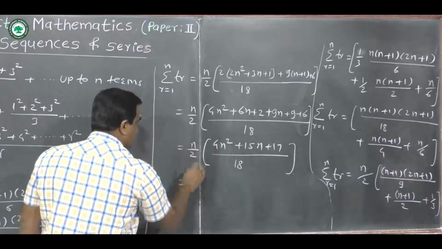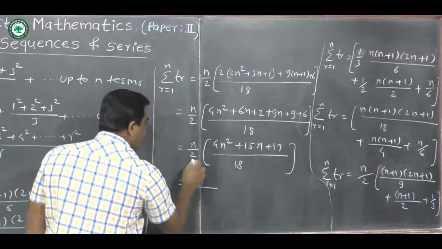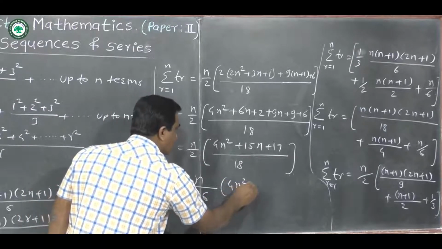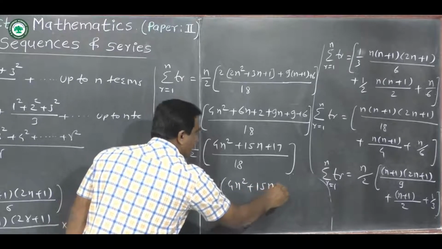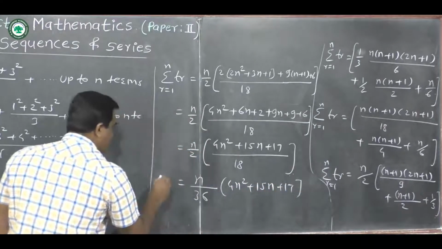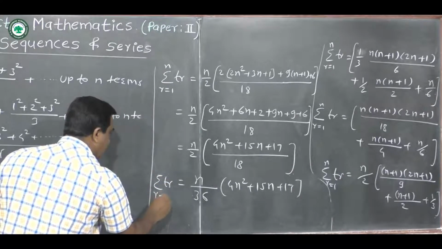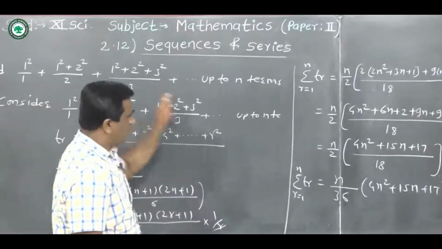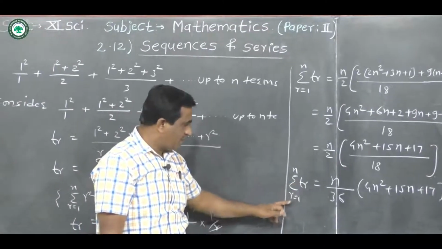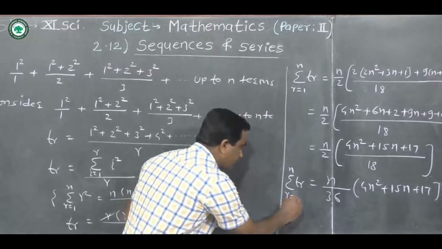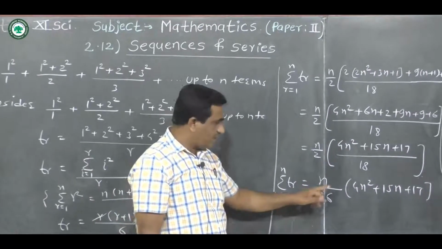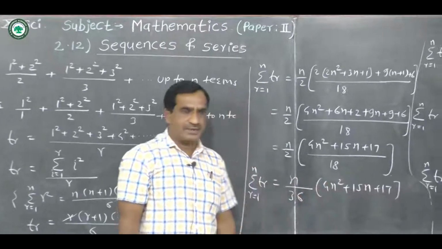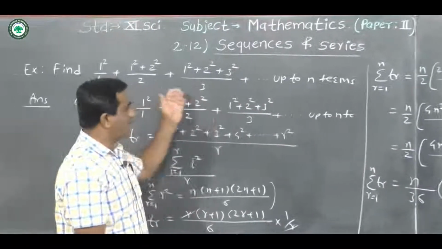Finally we can write n upon 18 into 2, 36, into, in bracket, 4n square plus 15n plus 17, which is the value of summation of tr, r goes from 1 to n. That is, summation tr, r goes from 1 to n, is equal to n upon 36 into, in bracket, 4n square plus 15n plus 17. Okay, this is the answer for this example.